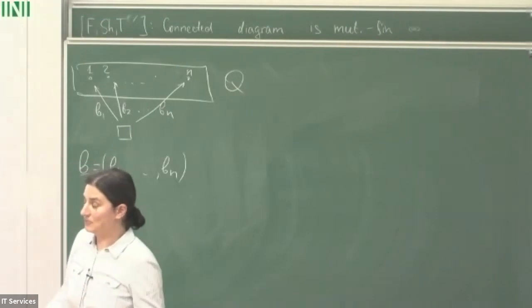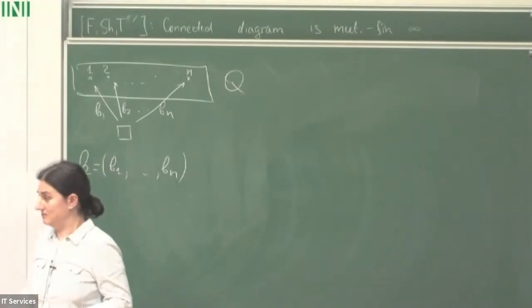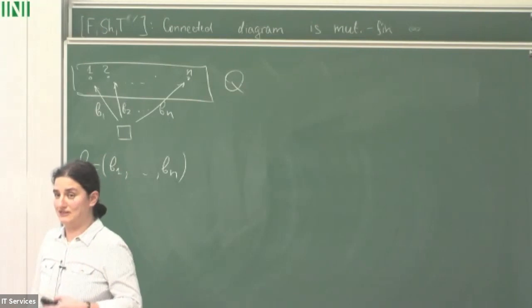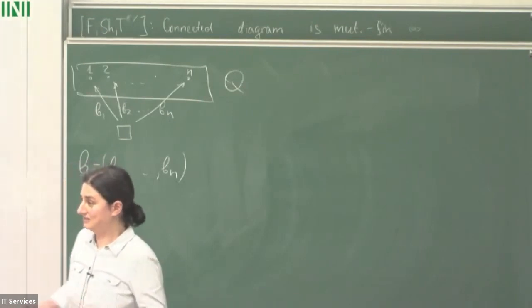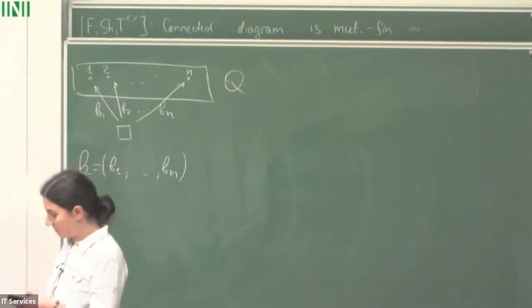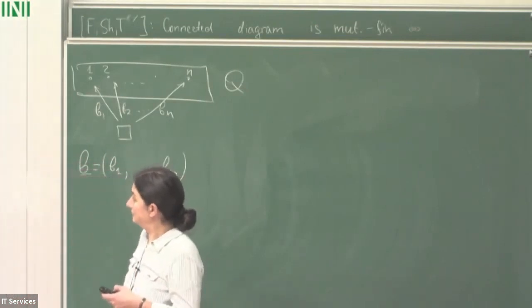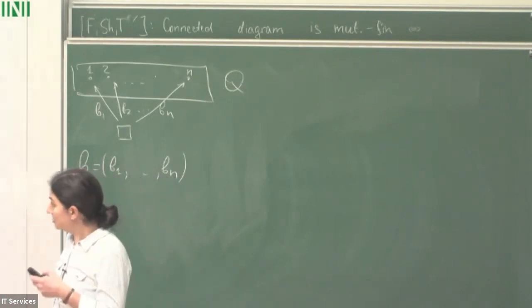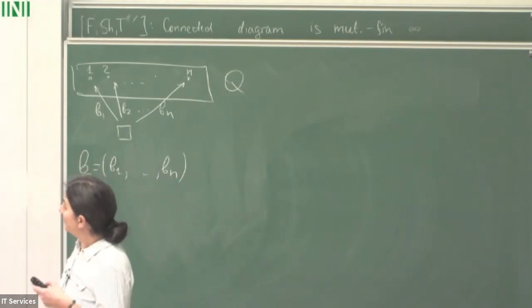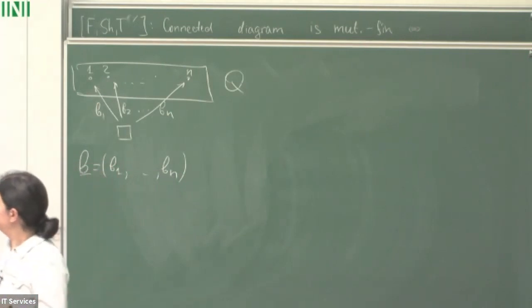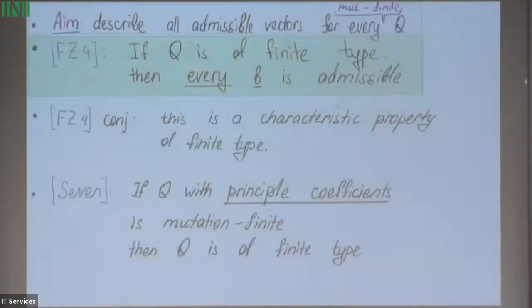If you have some quiver and you can add any coefficients to it and it is still mutation finite, then your quiver was of finite type. The conjecture was later shown by Ahmet Seven. He also showed that you don't need to look at all possible coefficients, because it is enough to look at principal ones. This is what we know about finite type.